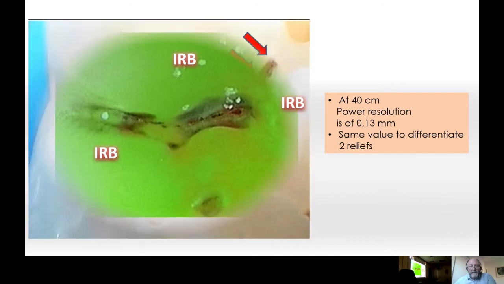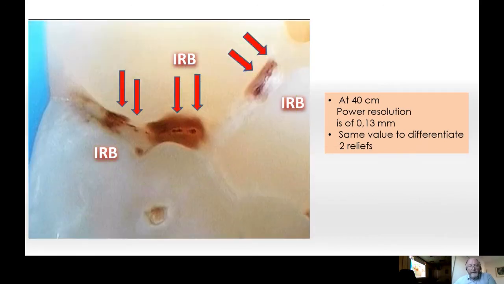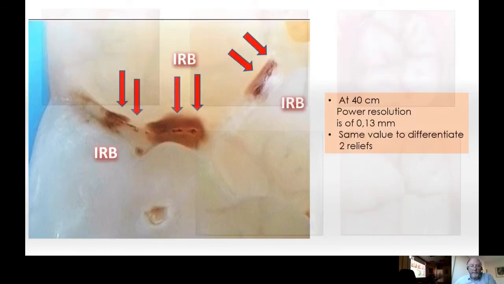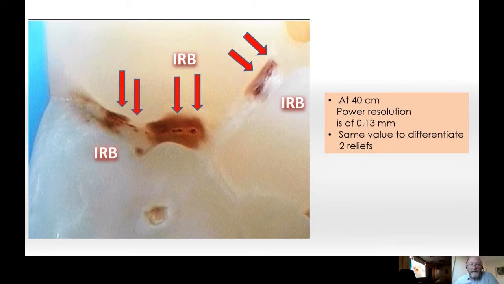And at the end, when we use the SoproLife camera, you can see that inside the first groove, you have nearly six points of entry of caries. That's always the same with this high level of magnification.